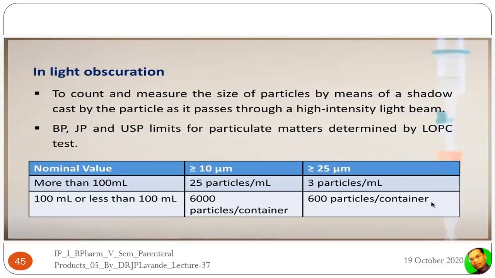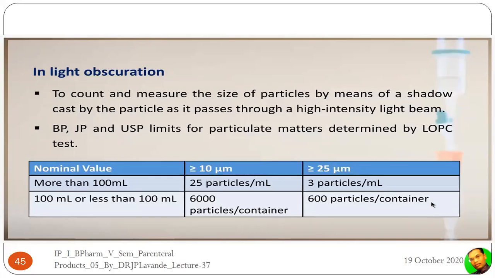The nominal values depend on whether the volume is more than 100 ml, or 100 ml or less. For particles greater than or equal to 10 micrometers, more than 25 particles are permissible, and for particles of 25 micron or more, three particles are permissible.